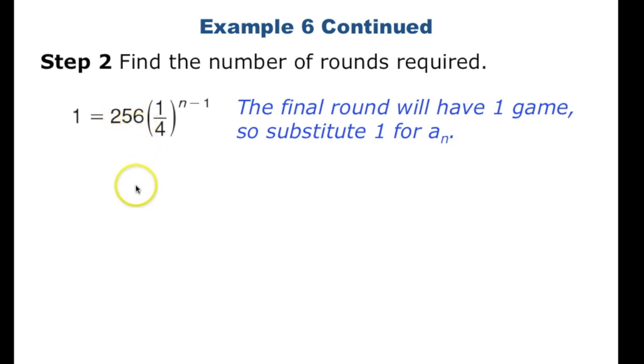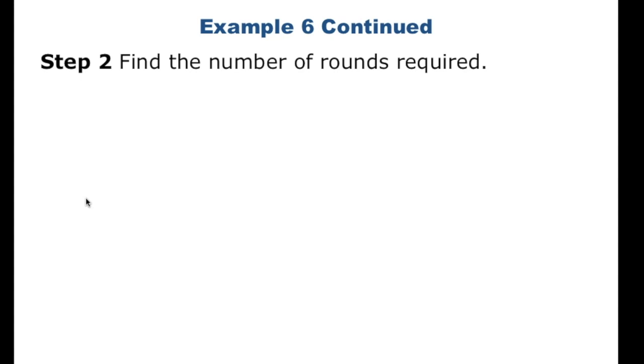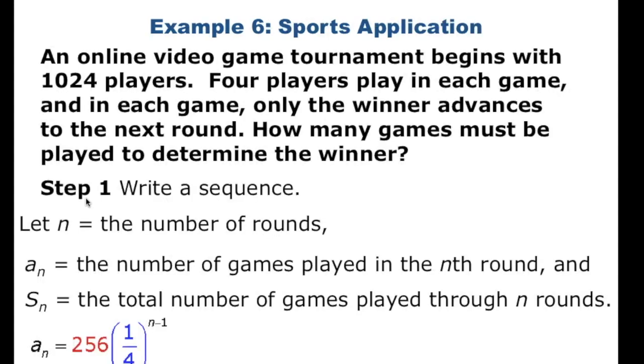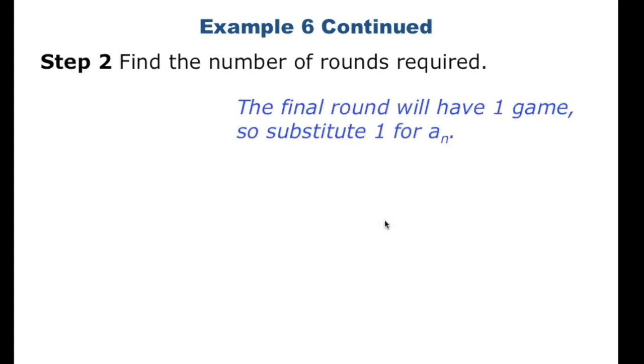256 is the first number of games played because there's 4 in each group. So 1,024 players, that means on the first round, this is divided by 4. That's 256, and only 1 in 4 wins. So then we end up with 1. We end up with the final game here.